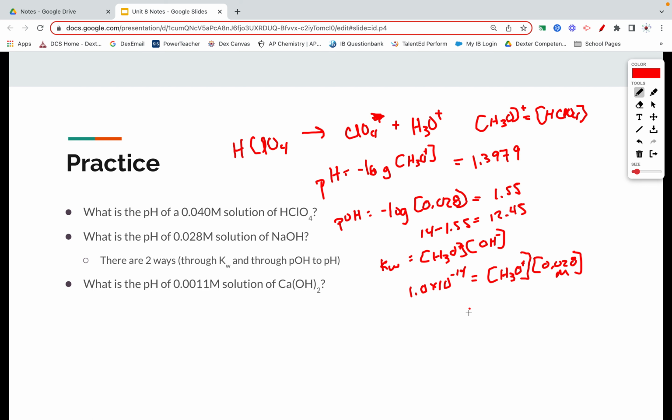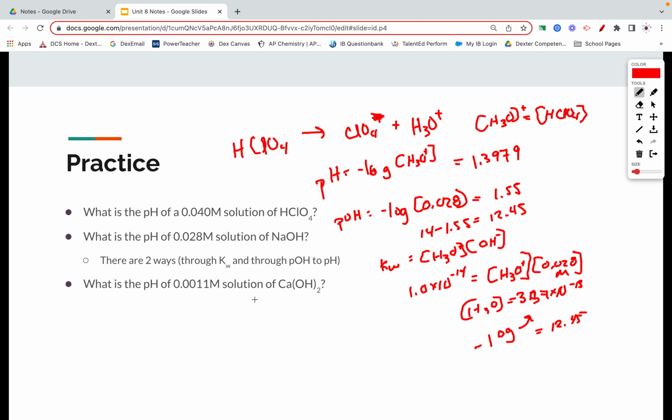And we end up with the H3O plus concentration equal to 3.57 times 10 to the negative 13th. So the negative log of this value is equal to 12.45. Okay, so it double checks itself.